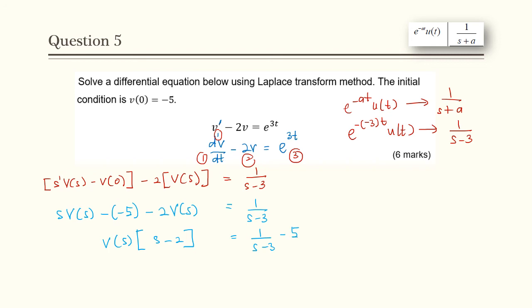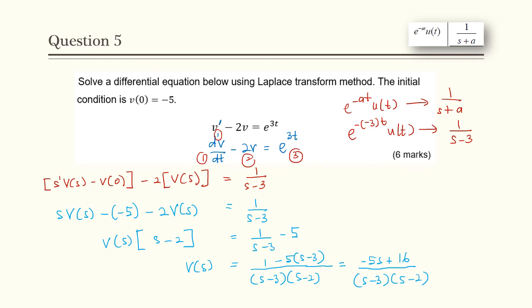Okay, next, what is Vs? So Vs equal to 1 over (s minus 3)(s minus 2) minus 5 multiplied with s minus 3. Okay, so you can simplify the equation. This is equal to minus 5s plus 15/16 divided by (s minus 3)(s minus 2).